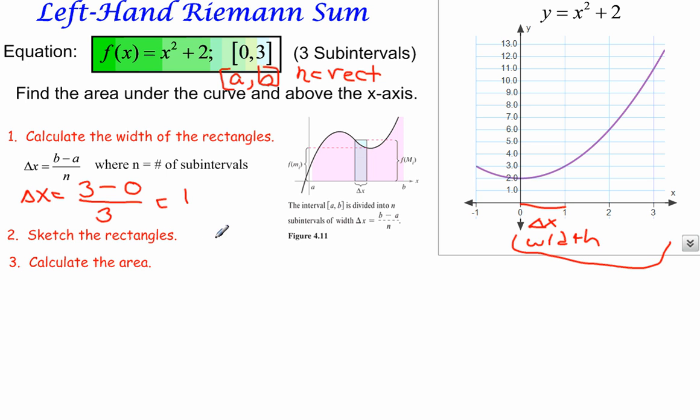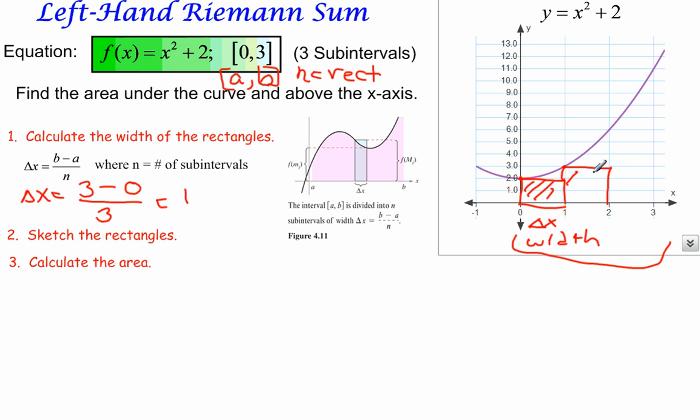Now, let's go and sketch these rectangles. I want to follow the left-hand method. So I'm going to plot out my left endpoint that's on the curve and draw in my rectangle. I will be calculating the area right in there. Next interval will be at 1, and its height looks like it's at 3.